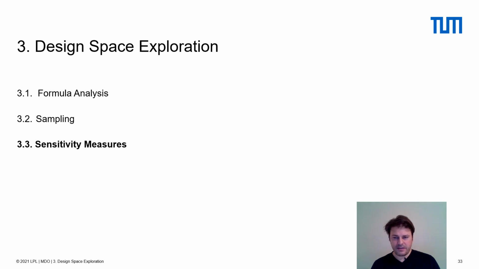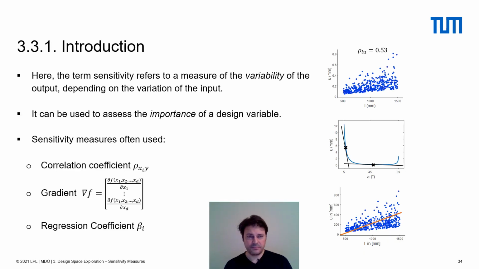Okay, let's talk about sensitivity measures as the last chapter for today's lecture. In our lecture, sensitivity refers to a measure of the variability of the output depending on how we vary the input.